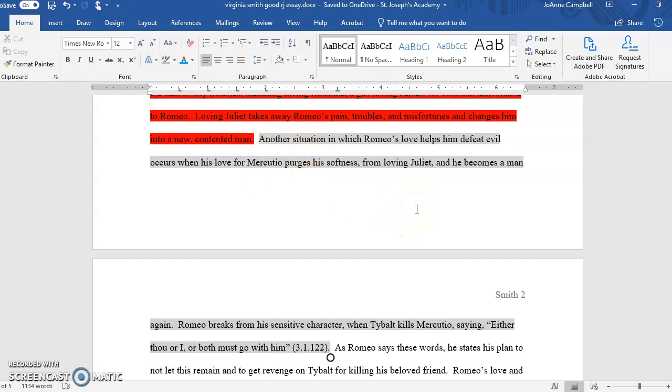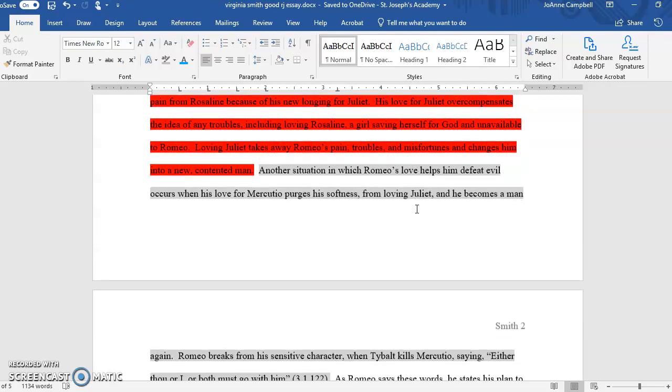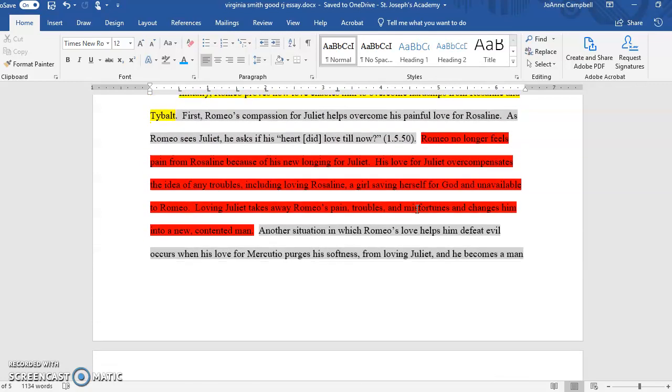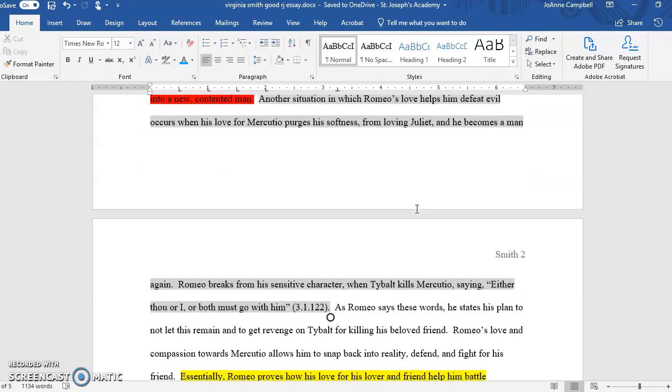Okay, another situation in which Romeo's love helps him defeat evil occurs when his love for Mercutio purges his softness from loving Juliet and becomes a man again. Romeo breaks from his sensitive character when Tybalt kills Mercutio, saying, either thou or I or both must go with him. Okay, now we have 2 direct quotes in this paragraph.